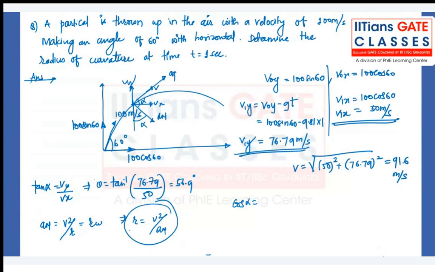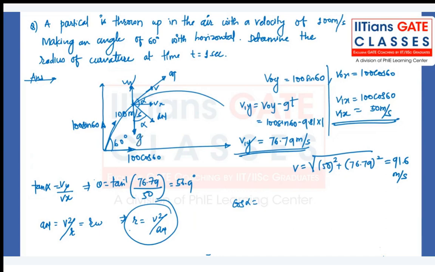What we know is, what is the downward component of the acceleration? That is nothing but the acceleration due to gravity, that is 9.81. Do you agree? Because we are working against gravity. So the downward component of the acceleration in this case will be 9.81, that is g.